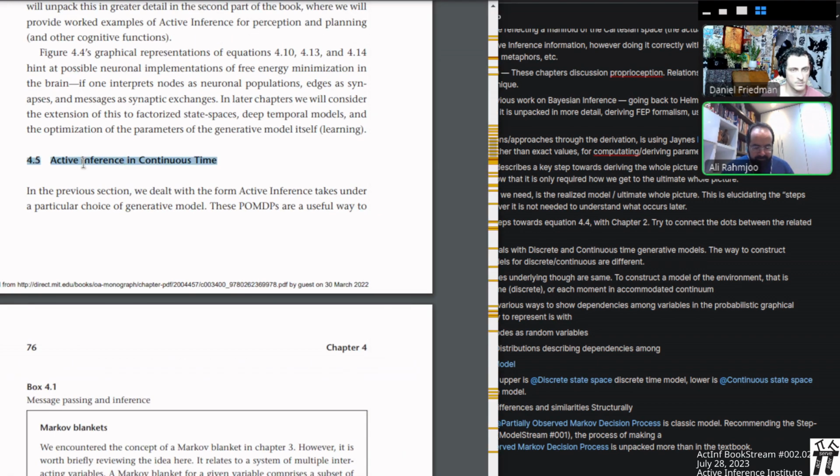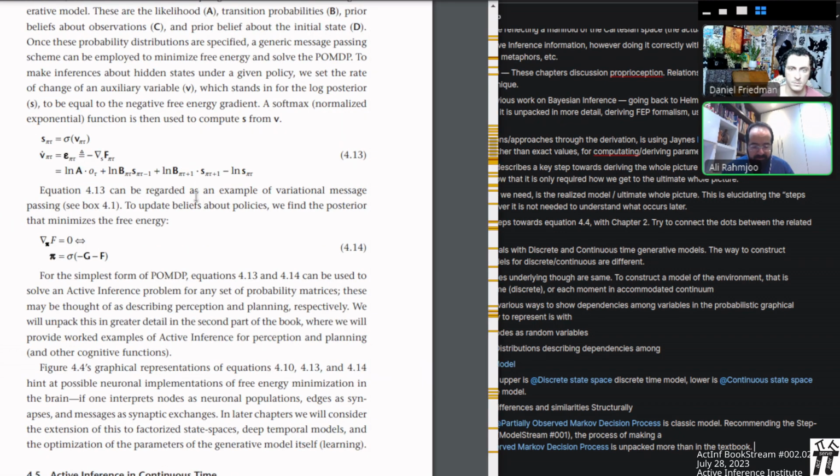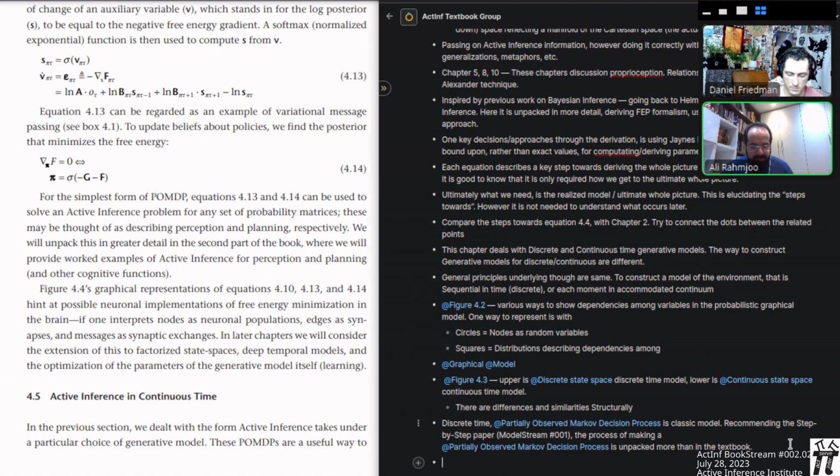So ultimately, we reach equations 4.13 and 4.14, which are basically the culmination of POMDP formulation using the vector notations and gradients and so on.